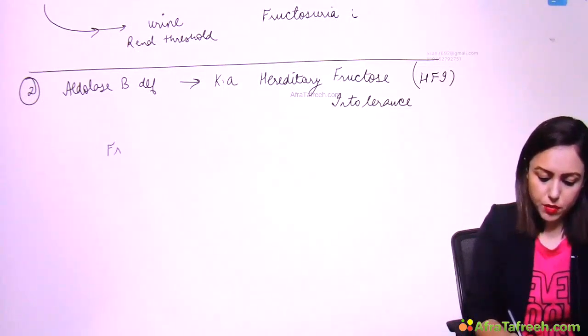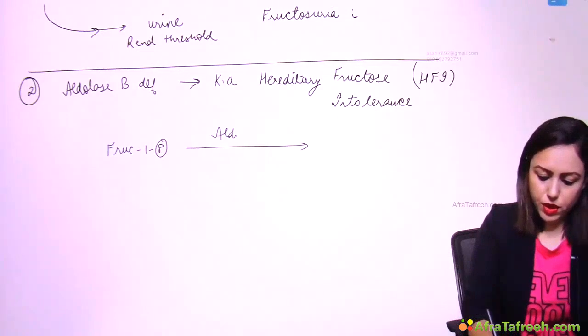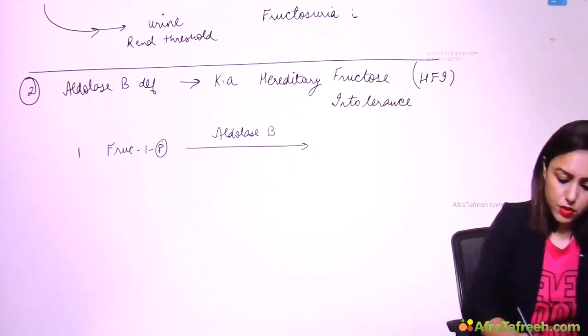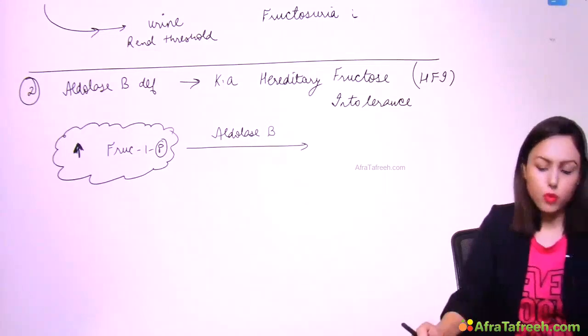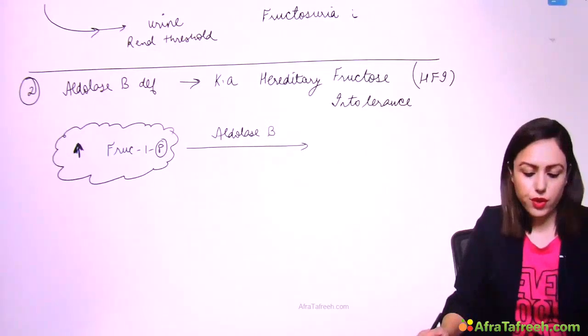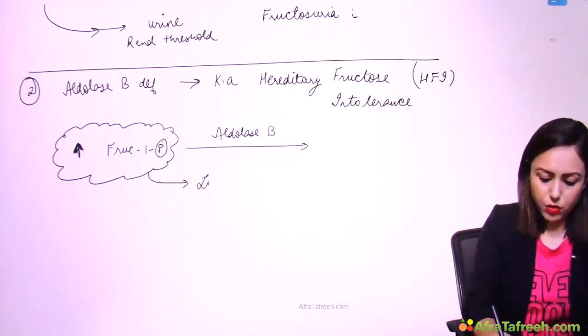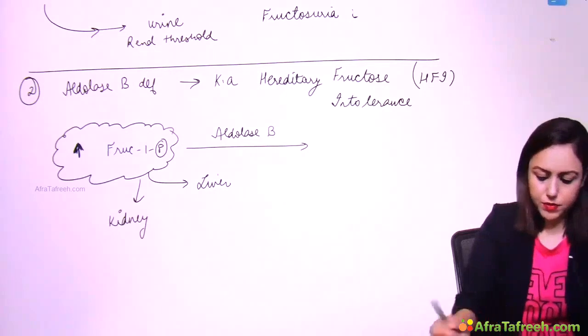The substrate of aldolase B is fructose 1-phosphate. So this will be getting accumulated. Fructose 1-phosphate will be getting accumulated as it is not broken down. So this fructose 1-phosphate will be accumulated in liver and kidney.